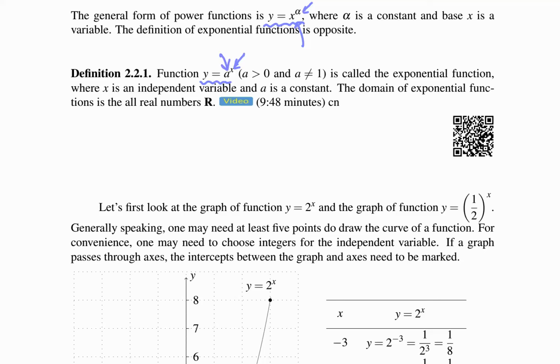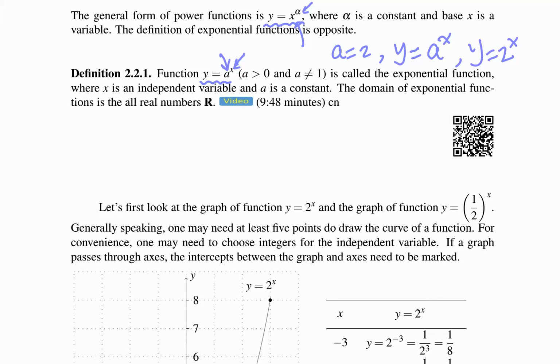They are opposite. For example, in this case, a may be equal to 2. Then the function a to the x becomes y equals 2 to the x.